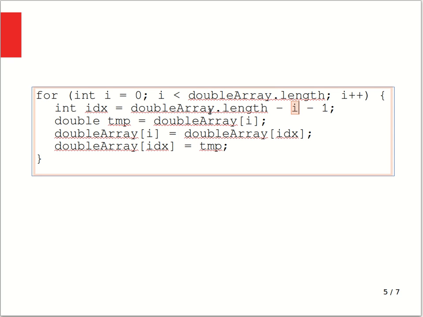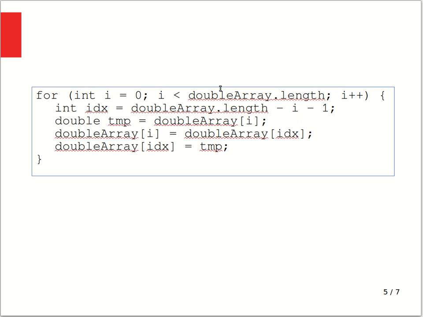If you are using Python, you can just use a minus index, right? But Java doesn't support minus index. So if you want the ith index from the end of the array, you have to compute it explicitly: you use the entire length of the array, subtract i, and then subtract 1.